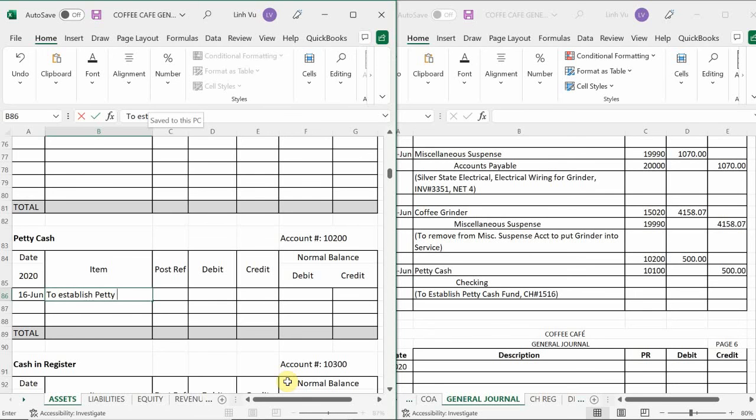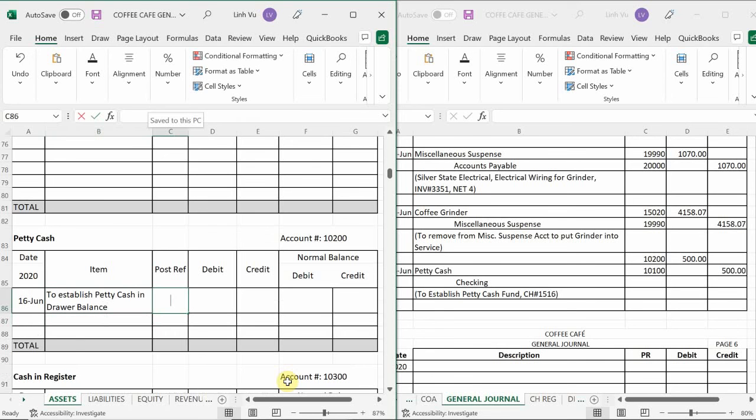Right, to establish petty cash in the drawer, to have a beginning balance. And then we're still on JG5. Yep, we're at the very bottom of it. So we debit $500, $500 on both sides.